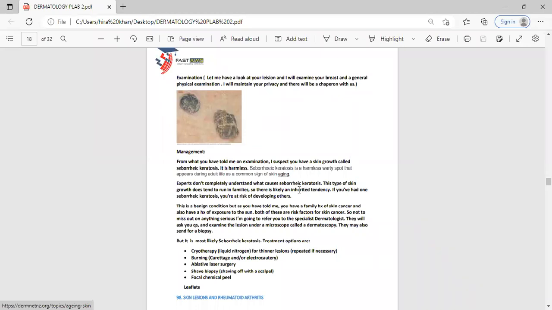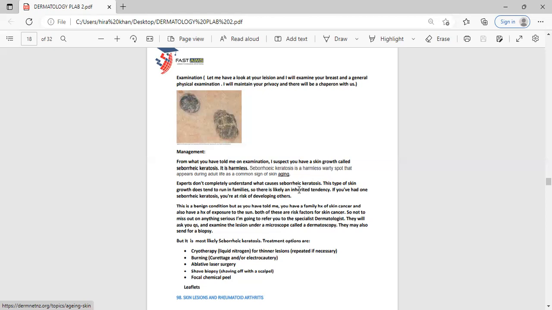This is a benign condition, but as you have told me that you have a family history of cancer, and also a high exposure to the sun, both of these are risk factors for cancer. So, not to miss anything serious, I am going to refer you to a skin specialist, a dermatologist, and they will ask you a few questions. They will do some more examinations like dermatoscopy, and they might send a biopsy, and you can explain a little bit about the biopsy as you have been doing before.